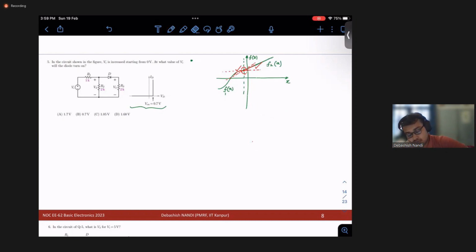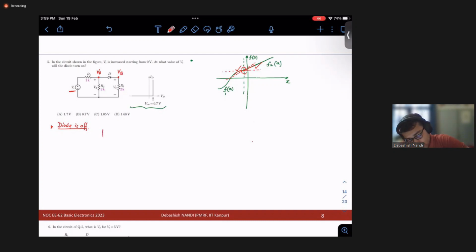So first thing, when the diode is off, they want us to find out at what voltage this diode will turn on. Basically turning on or turning off of the diode happens based upon the voltage across it. So let us define this node voltage as VA and this node voltage as VB.